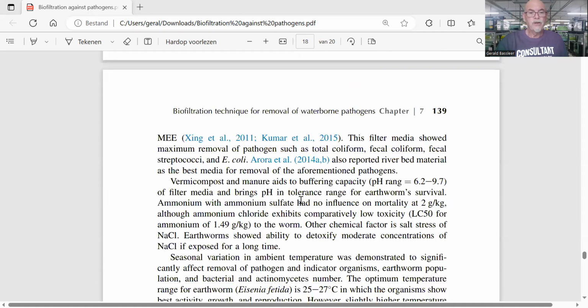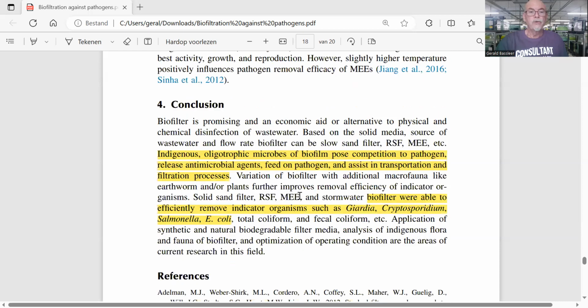Well, going further to the end of the article, the conclusions: indigenous oligotrophic microbes of biofilm pose competition to pathogens, release antimicrobial agents, feed on pathogens, and assist in the transportation and filtration process. So think about that.